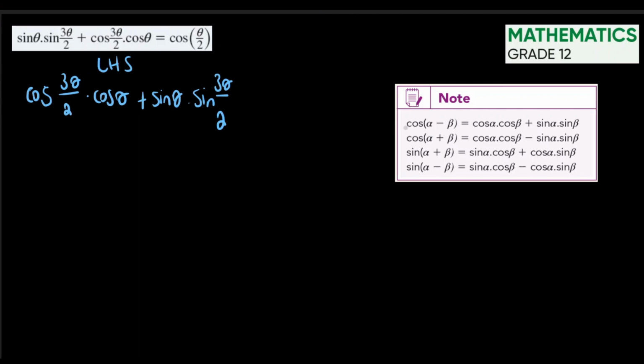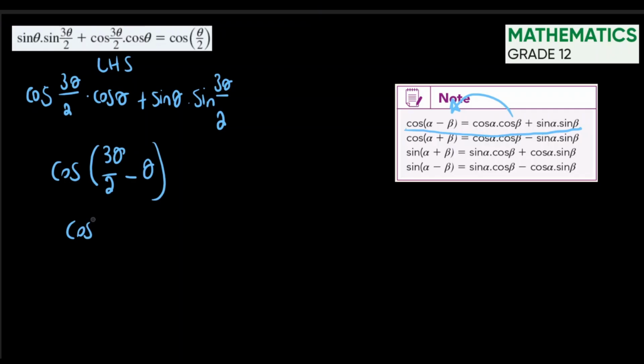So obviously we can see that we are working with cos plus sine, which means that we can reverse this and say this is simply the cos of the angle we're working with. Here, the angle we're working with could be 3 theta over 2, that can be alpha, minus theta over 2, which is beta.